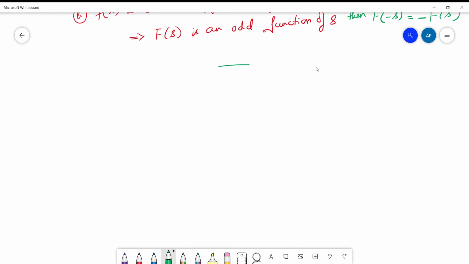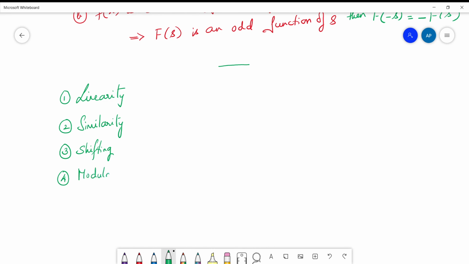So the properties that we dealt with, the first one was the linearity property, the second one was the change of scale property or similarity property. The third one which we discussed was the shifting property, both in x and in s. The fourth one was the modulation property. Then we discussed the conjugate symmetry property, because we are dealing with complex functions.